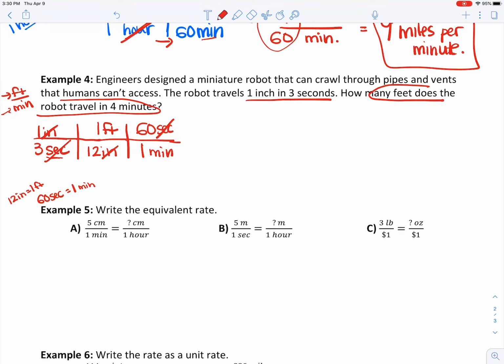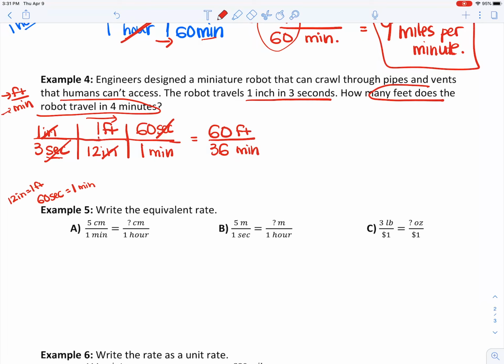Because if you have 1 unit on the top and the same unit on the bottom, they cancel out. Now we're going to multiply going across. So we have 1 times 60, which is 60, and the only unit left on top is feet. And on the bottom we have 3 times 12 times 1, and 3 times 12 is 36.